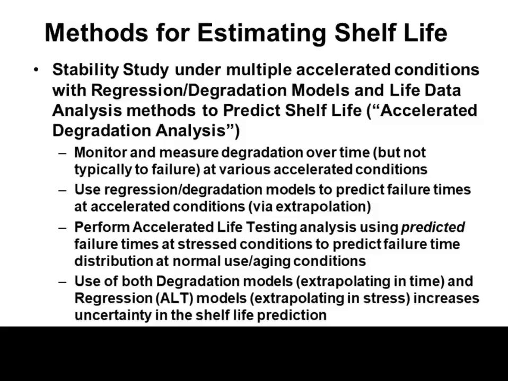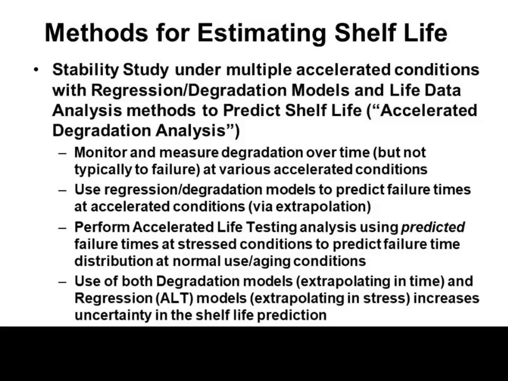Then you can go back and do what we did before in the previous method. You can do an accelerated life test analysis where you model the distribution and relate it to stress and derive a distribution at the normal use condition, and then look at the reliability function and get your shelf life estimate from that.